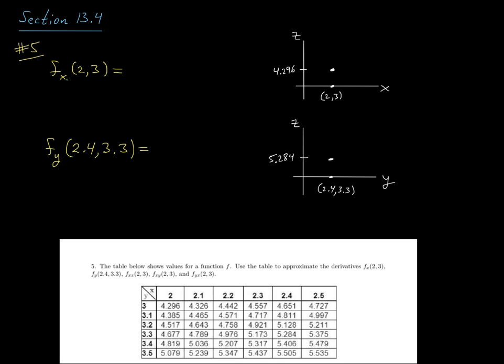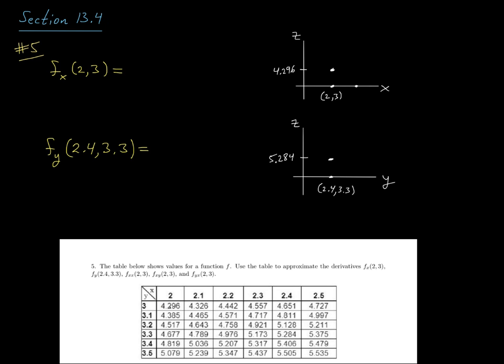If I'm going to look at fx of (2, 3), what I want to do is imagine, and I've drawn a little cross section here just to help us visualize this. Here I am at (2, 3), and from the table we know we're at an altitude of 4.296. And to measure the x derivative, I want to take a step forward in the positive x direction.